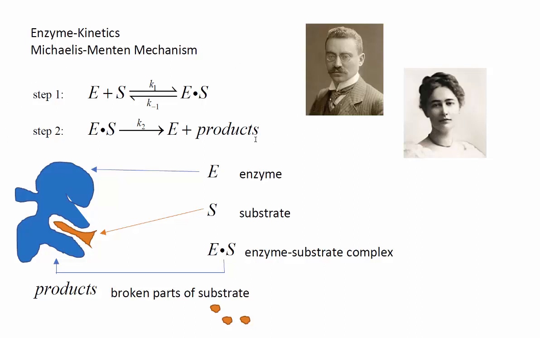If we want to take this mechanism, try to prove it, and see if it matches up with experimental kinetics, we would have to use the procedures that we have followed before to write a rate law.